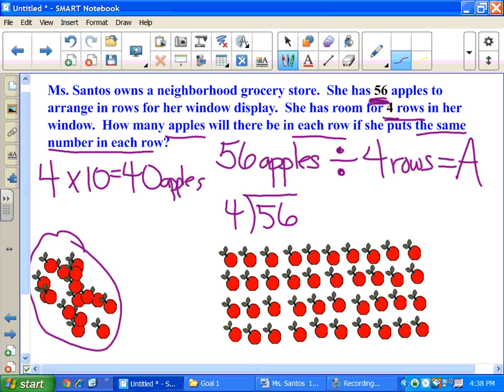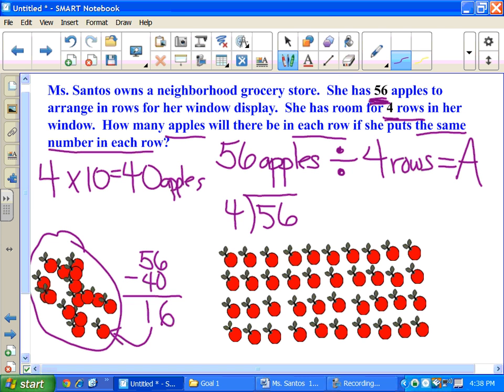If you said, well, we started with 56 apples, and I used 40 of them in my rows, then I should have 16 apples left still to put in the rows. Now, if I take these 16 apples, is 4 a factor of 16?